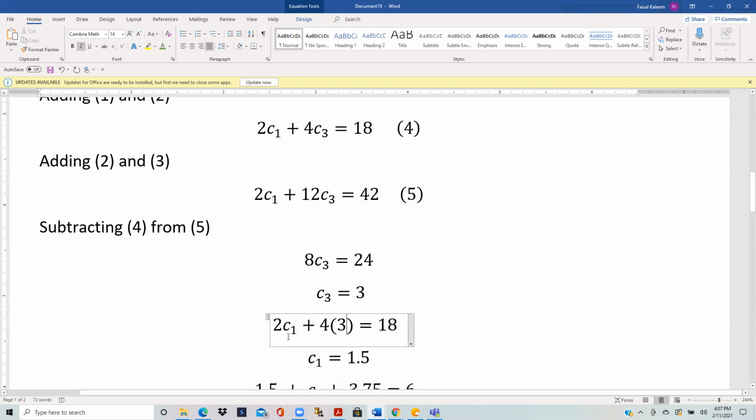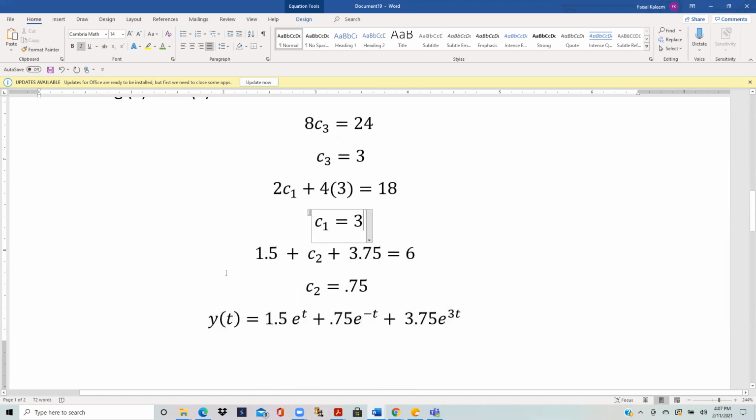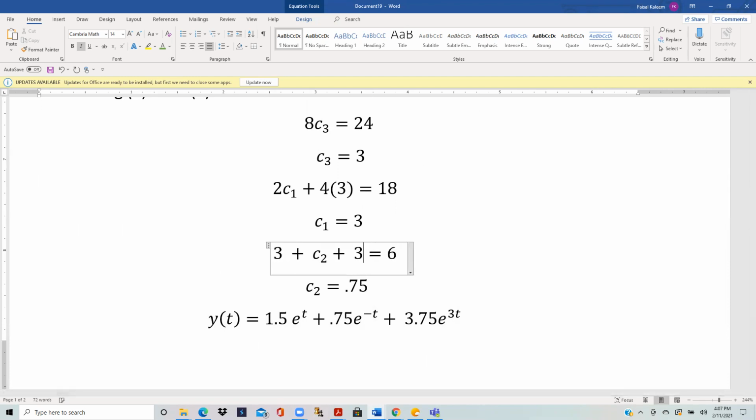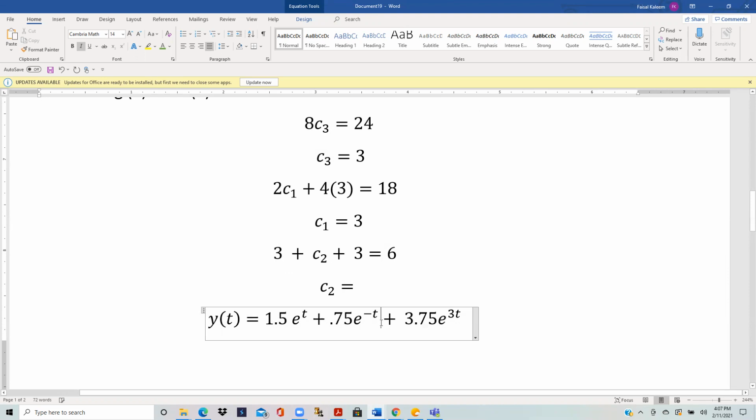And 6 divided by 2 is 3. So C1 is also 3. And then that would mean C2 will be 0. Because this is 3. And this is 3. So C2 will be 0. Means this term will not be there.